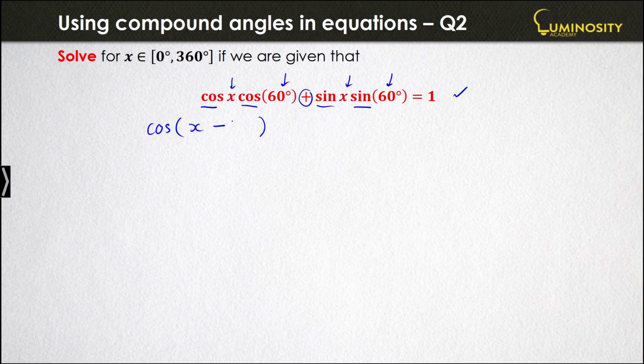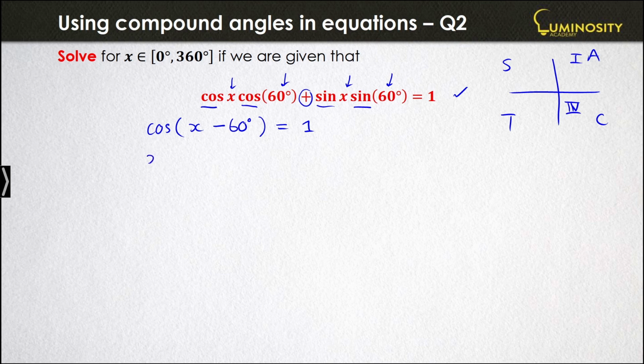So it's cos of x minus 60 degrees, and that equals 1. Now we just have one trigonometric ratio, and we can go ahead and solve this trig equation as procedurally as possible. We have our cos diagram, and because it's positive 1, cos is positive in the first and fourth quadrants.